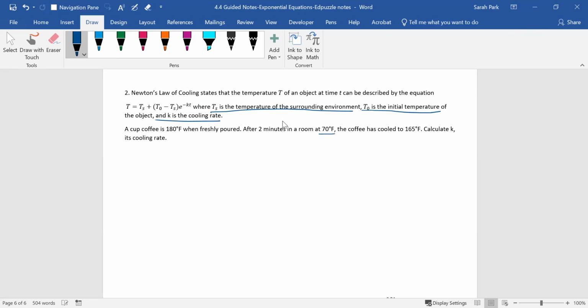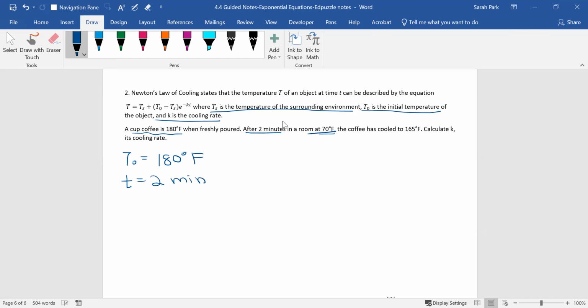All right, so let's again start by writing down what we are given. Our T initial temperature looks like we're starting at 180 degrees. So that's the initial temperature of the coffee. And then we're also given after 2 minutes, so t is 2 minutes.